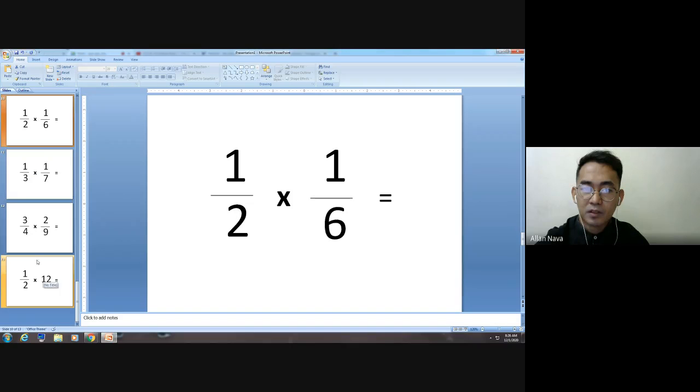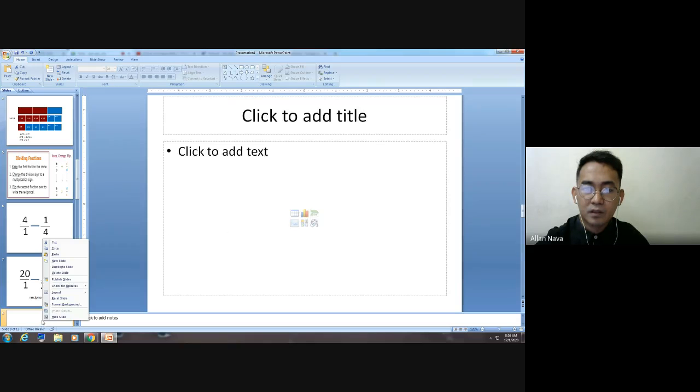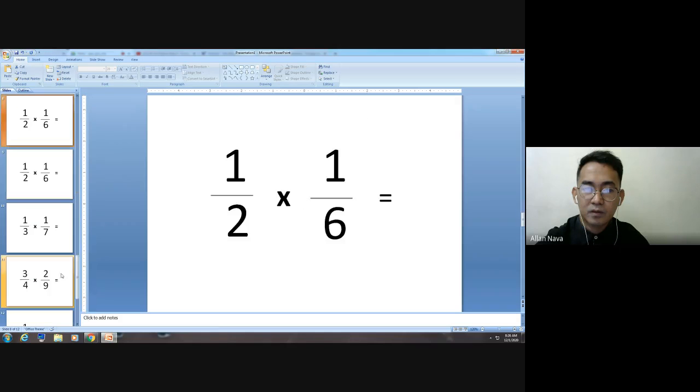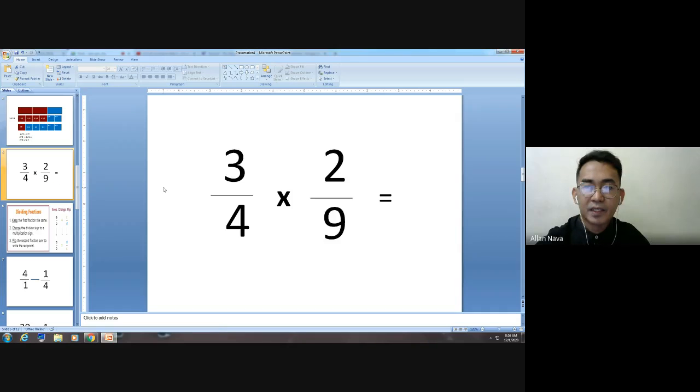I-duplicate ko lang siya. Isulat natin ulit, ha?